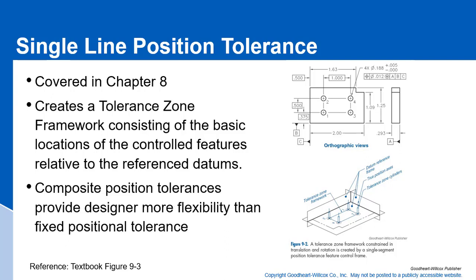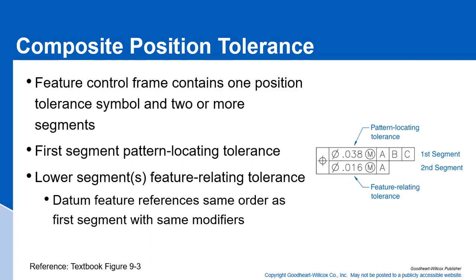So let's talk about composite position tolerances. Okay, in a composite position tolerance, we have a single geometric characteristic here and two segments. The feature control frame contains one position tolerance symbol and two or more segments.